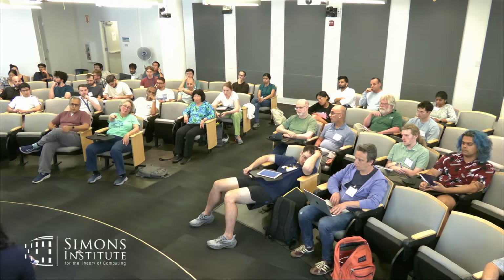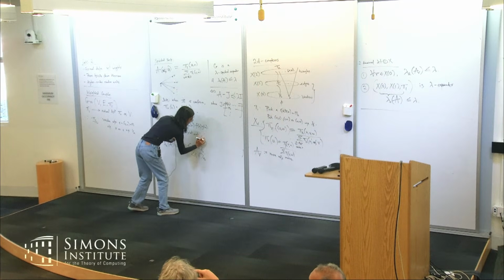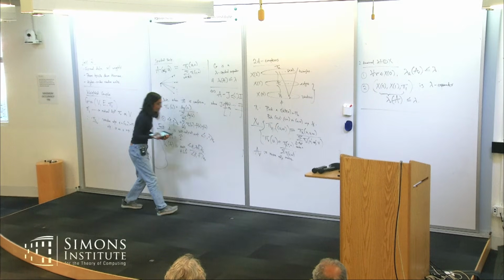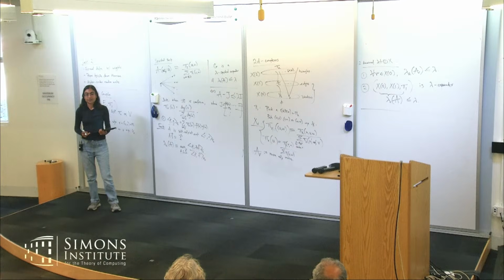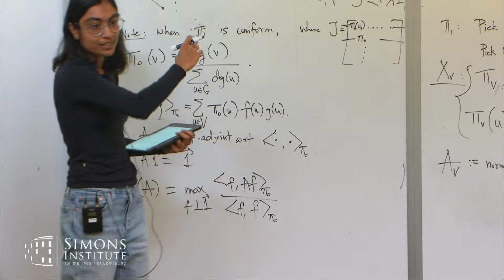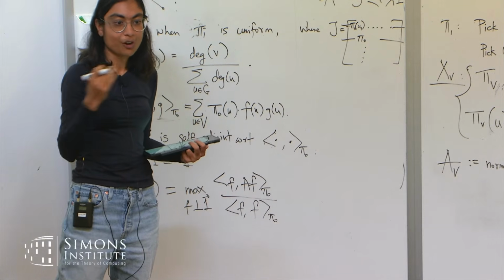This is self-adjoint with respect to pi0, with respect to that inner product. Yeah, sorry. If I forget to label the inner products, every time we look at inner products, they will be with respect to the norm in context.